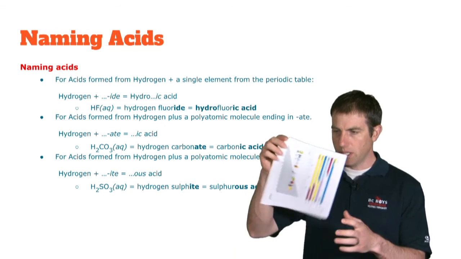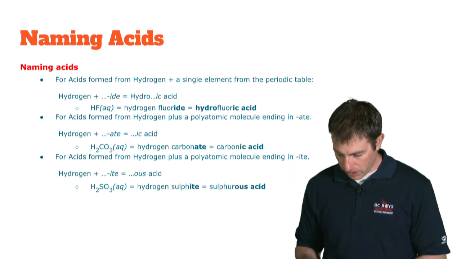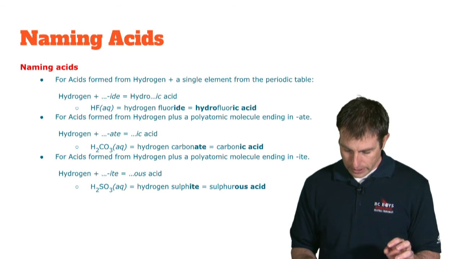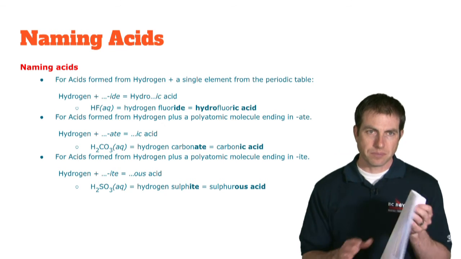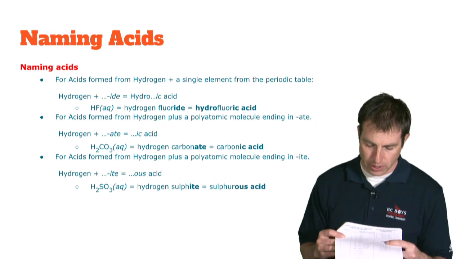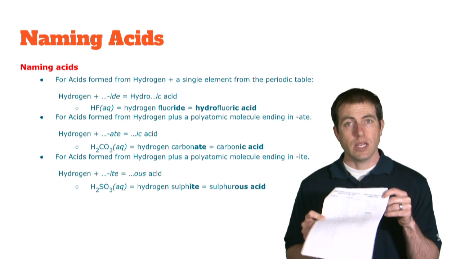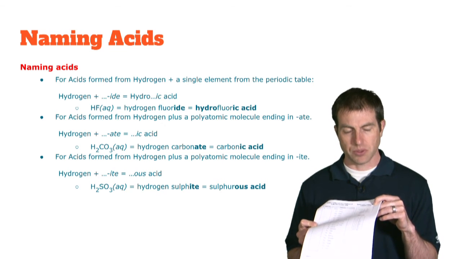In your data booklet, on your polyatomic ion sheet, data page 5, in the top corner, next to the polyatomic ions, above your prefixes, you have some names for common acids.